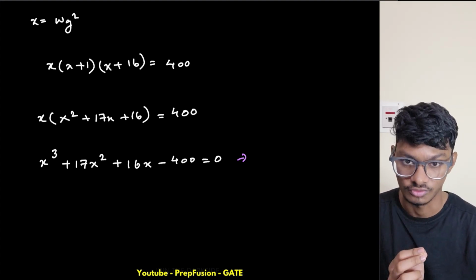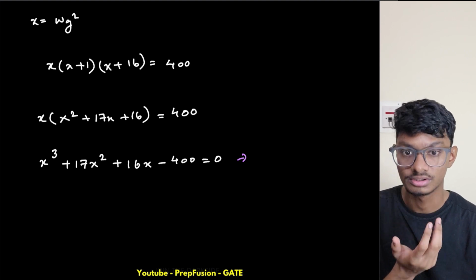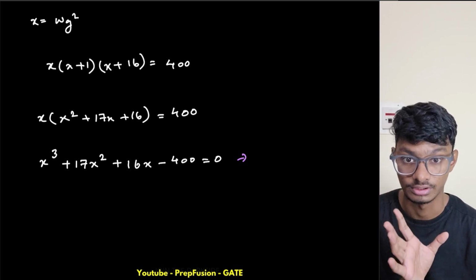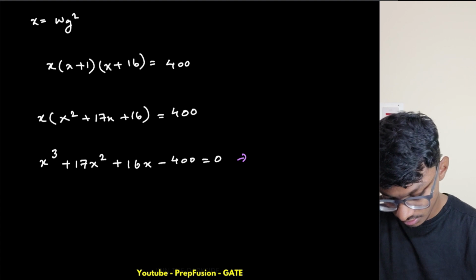To find the gain crossover frequency for order 3 systems is very difficult.